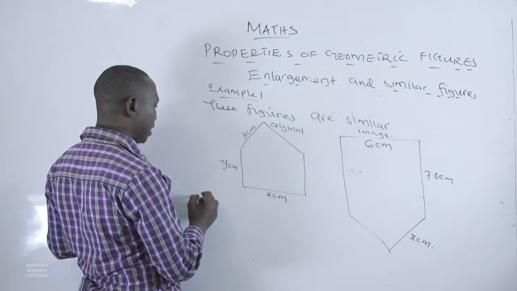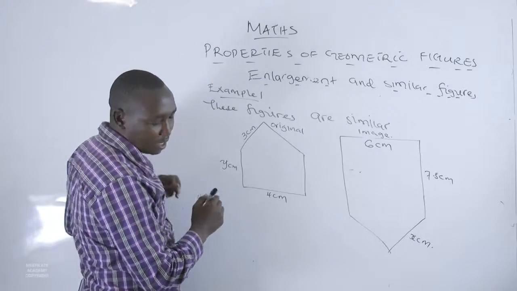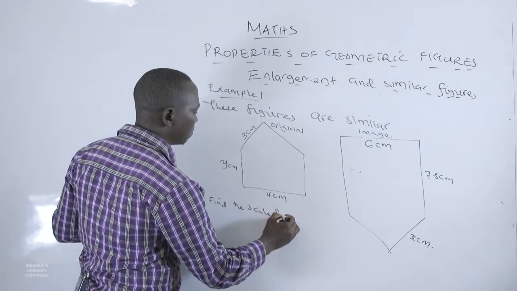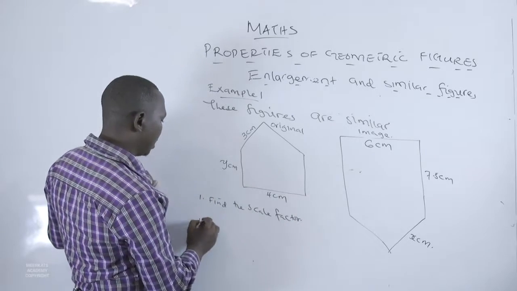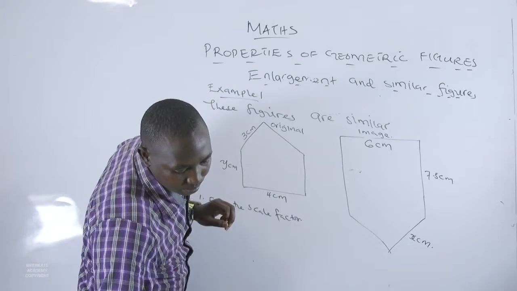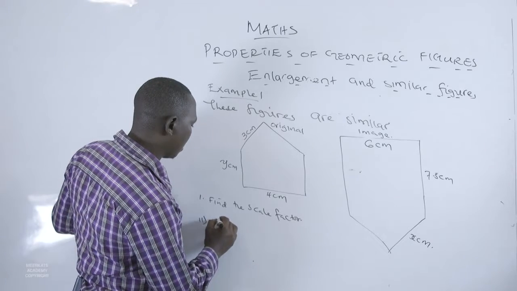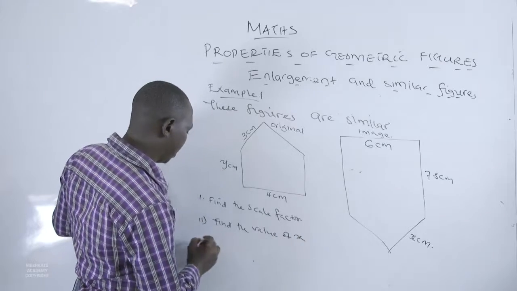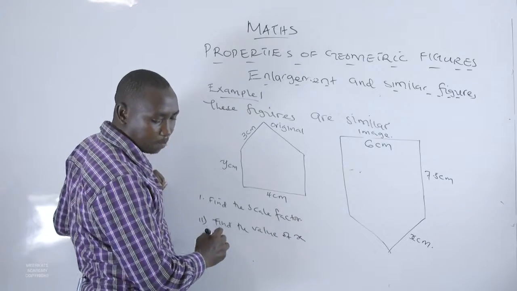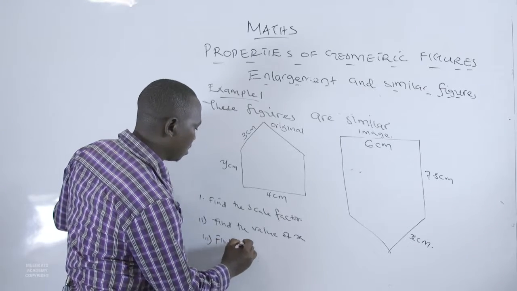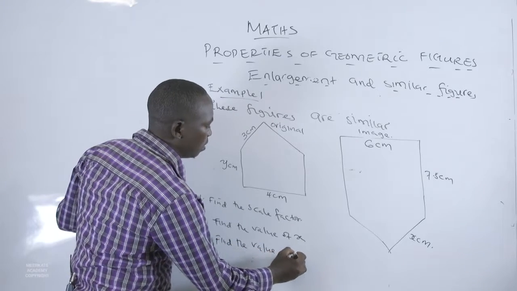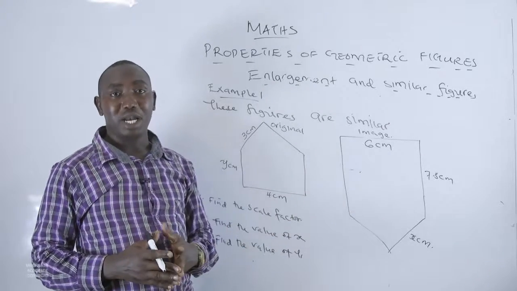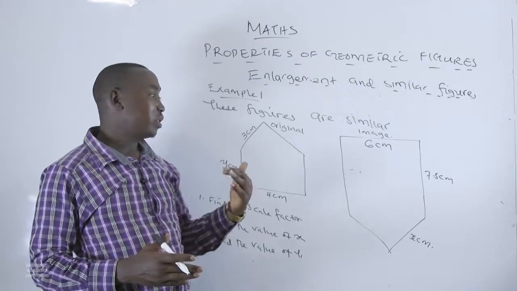So the first question is, find the scale factor. Number 2, find the value of X. Number 3, find the value of Y.